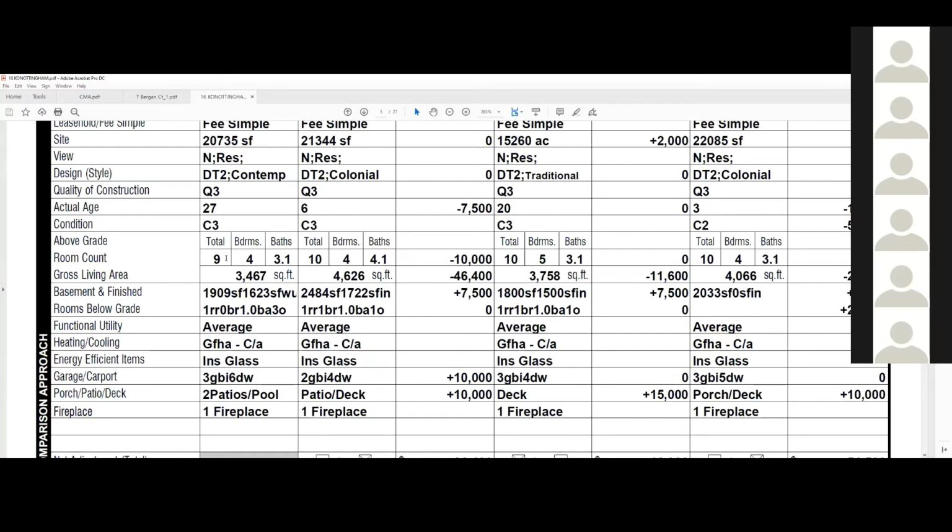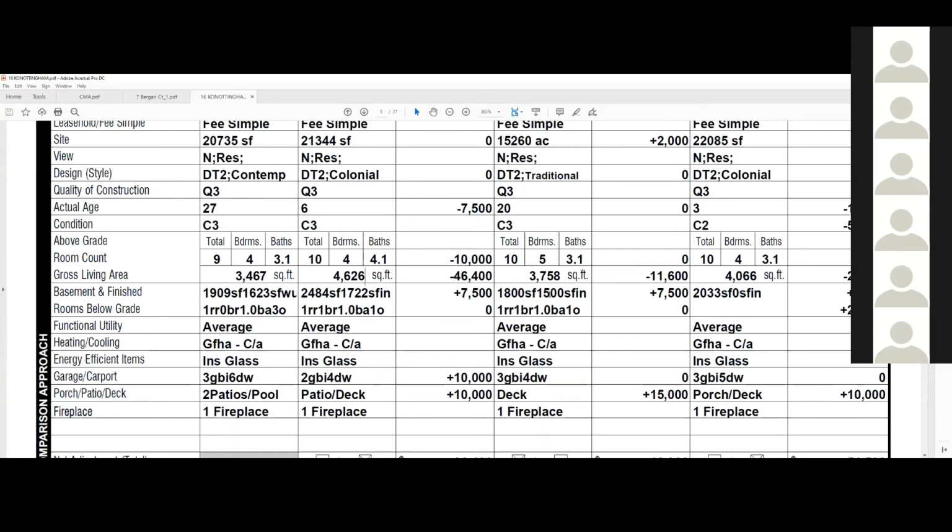But in here, 9 rooms, 4 bedrooms, 3.5 bathrooms, versus 10 rooms, 4 bedrooms, 4.5 bathrooms. Now you can see the difference because it has 1 extra room and 1 extra bathroom. He adjusted by $5,000 each, right? This is how the adjustments are made. Now, 3,467 square feet versus 4,626.